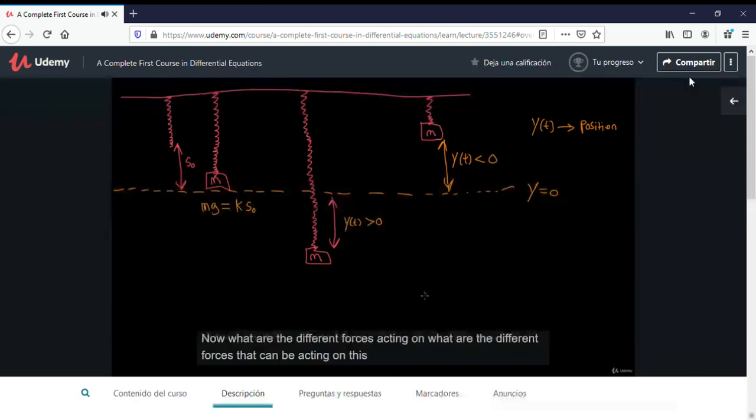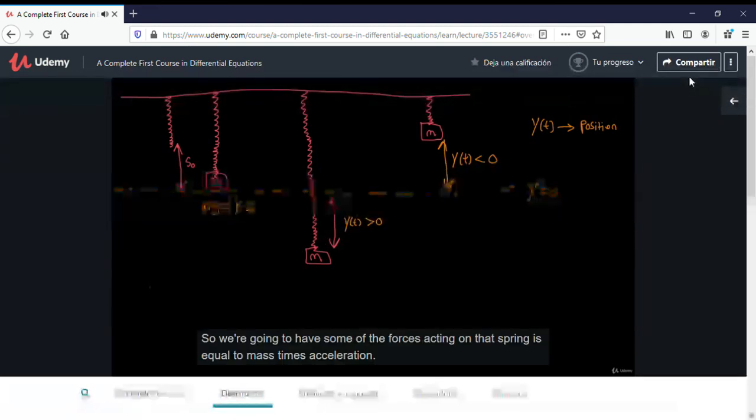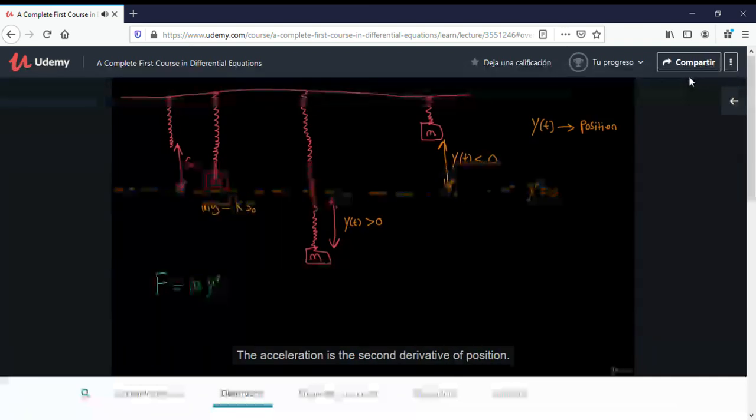Now, what are the different forces that could be acting on this mass? The sum of the forces acting on the spring is equal to mass times acceleration. Remember, the acceleration is the second derivative of position.